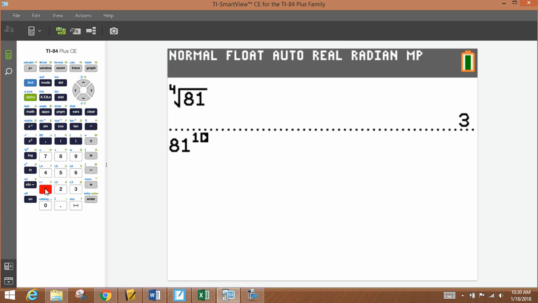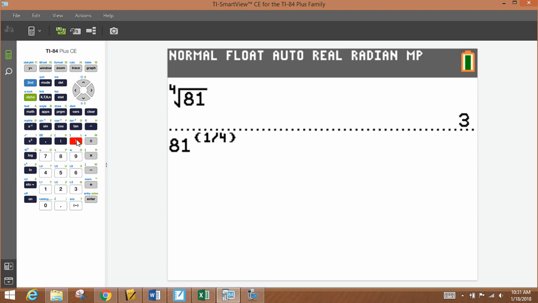81 to the 1/4 power. Now, if you have a TI-83, so if you have one of these guys, you have to enter it like this. You have to actually put the 1/4 in parentheses, or it doesn't understand that you want to do 81 to the 1/4, because it does 81 to the first power divided by 4.